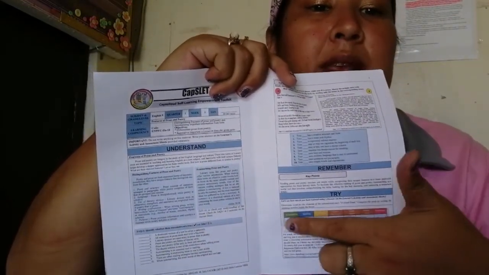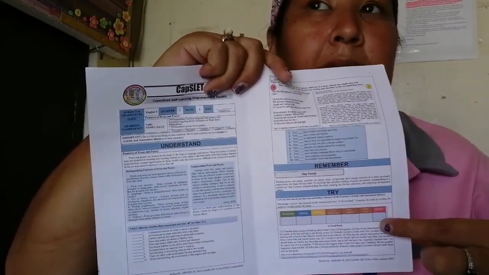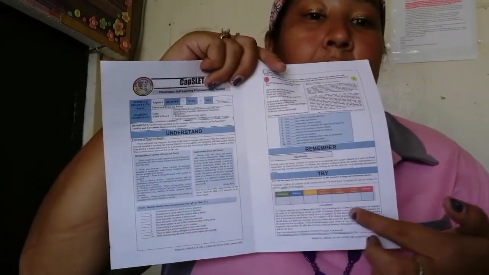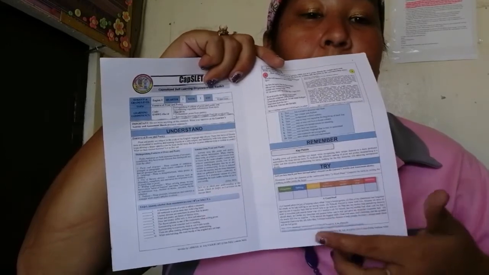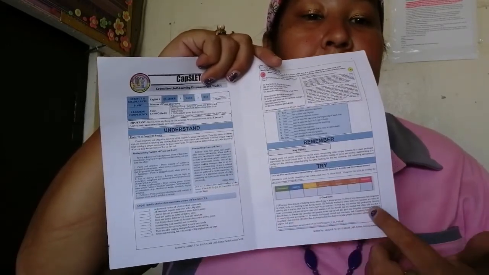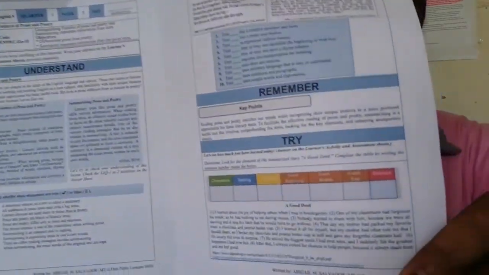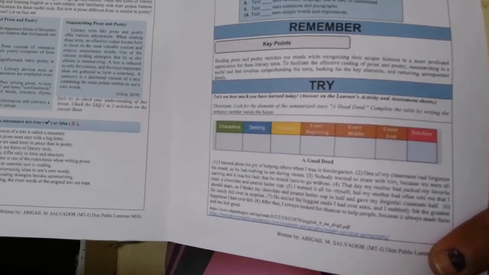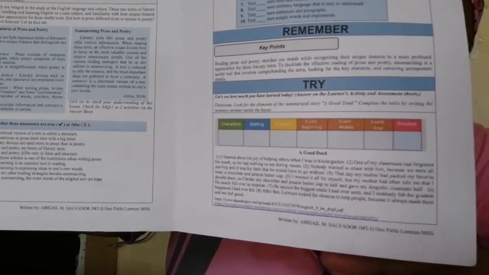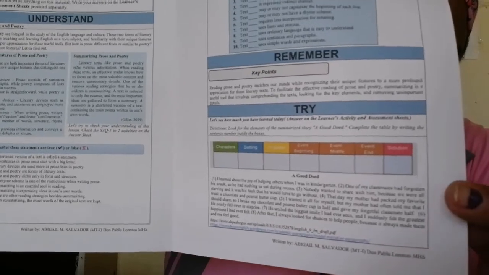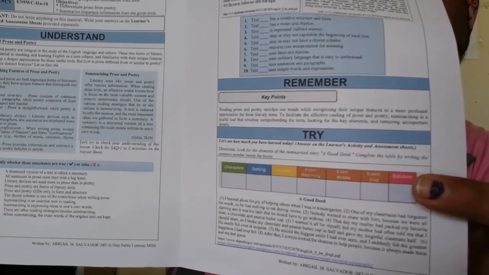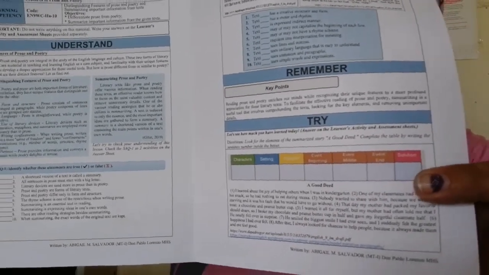You have to copy this one in your yellow pad, and then you answer that one by writing the corresponding number. There are numbers in the text here. For example, number 1. So look for it here. Put your answers inside the box.